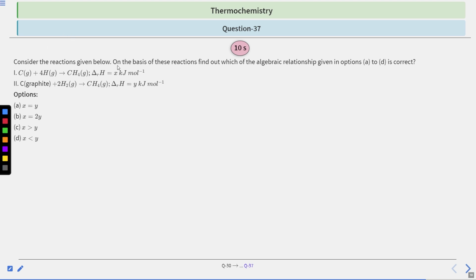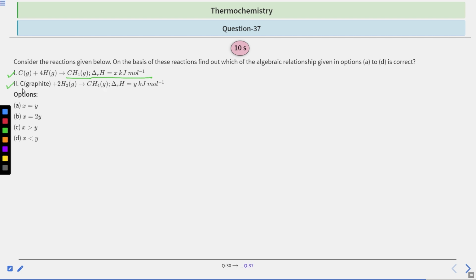Consider the reactions given below. On the basis of these reactions, find out which of the algebraic relationships given in options A to D is correct. So we have to find which option is correct on the basis of these two reactions. The first reaction: C in gaseous state plus 4H in gaseous state gives CH4 in gaseous state, and the delta H for the reaction is X kilojoule per mole.